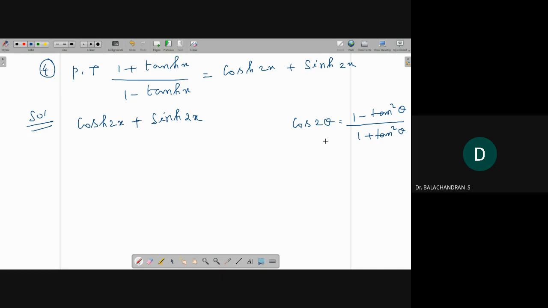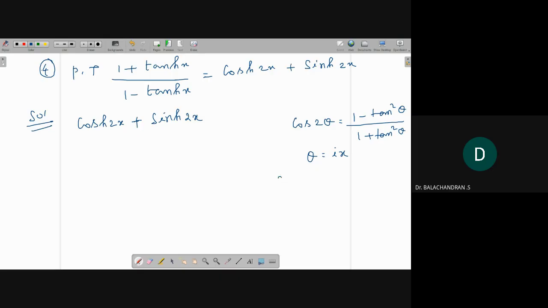Okay, so already I told you you should derive the corresponding hyperbolic functions. I don't know how many of you have done it. So those are the preliminaries. If the preliminaries are strong, then you can solve any problems. So theta equal to ix.